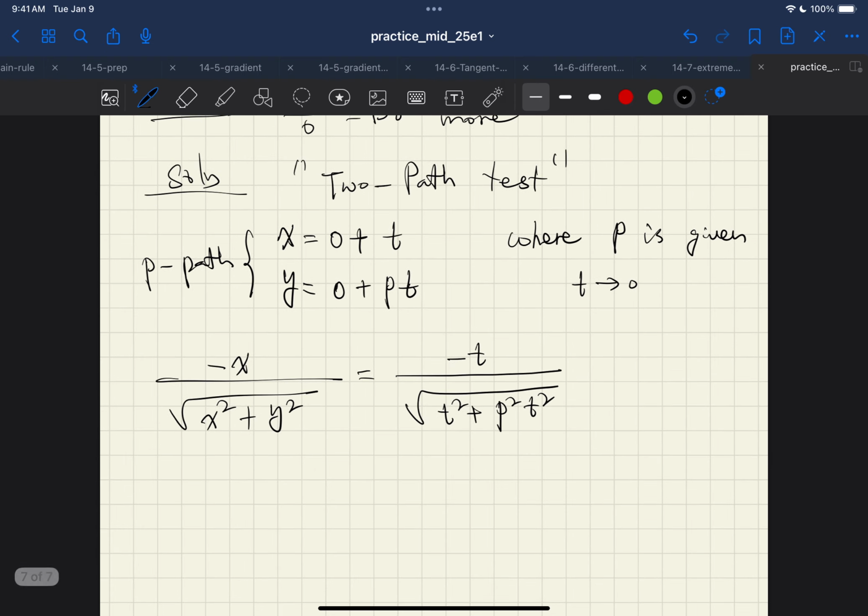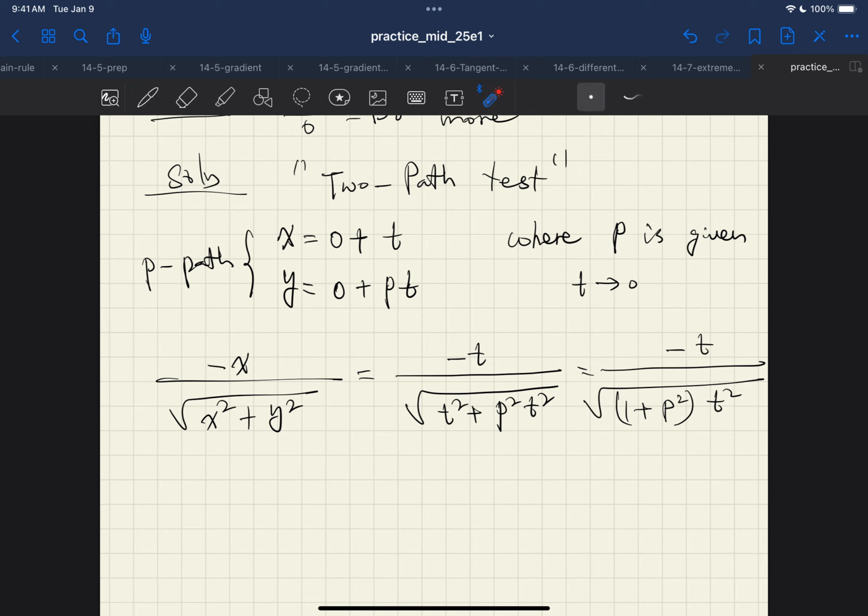Obviously we have t squared as a common factor which can be taken out, but we have to be very careful when we take t squared out of a square root. It's not t. t could be negative, and only if t is positive can you take it out without absolute value.